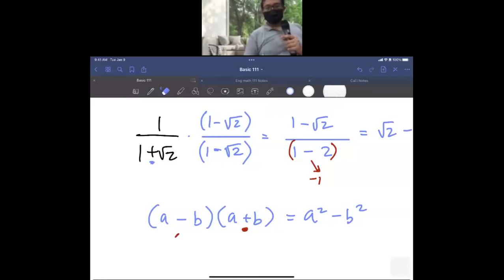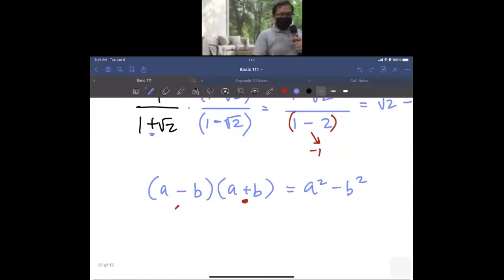Yeah, I think that part, rational expressions. I think linear equation is not a problem. I think quadratic equation is also not a problem, right?